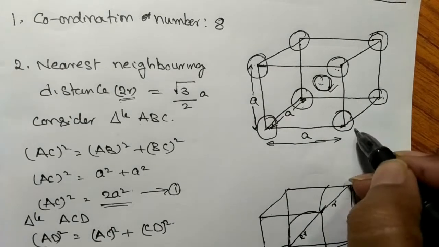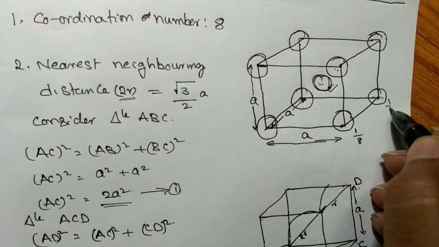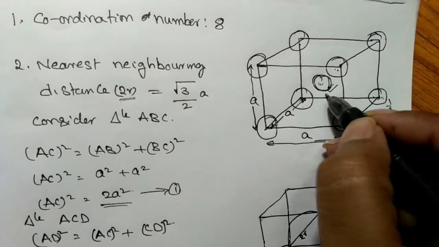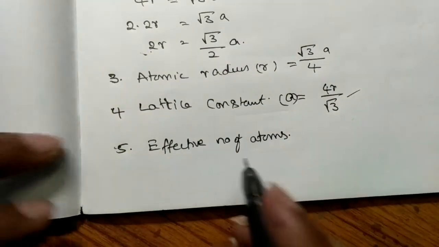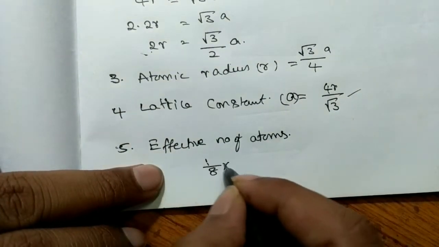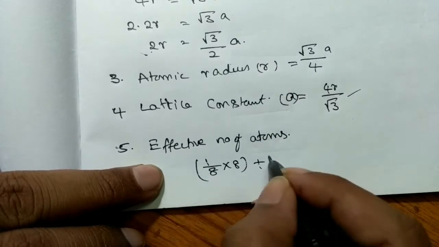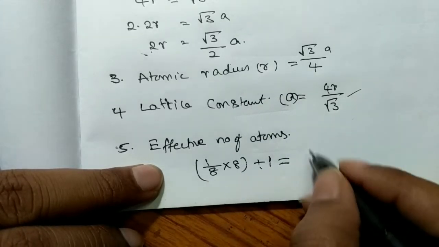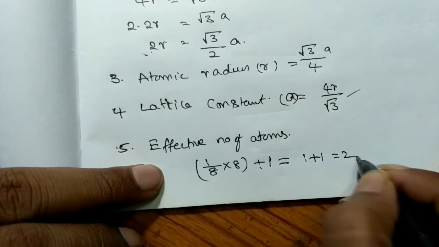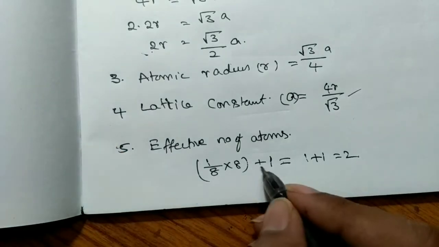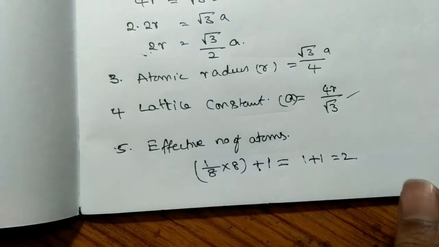These are only 1 by 8th parts. All the atoms are having. This is one complete atom. That means the total number of atoms are 1 by 8 into 8 plus 1, that is equal to 1 plus 1, that is equal to 2 atoms are present in this crystal.